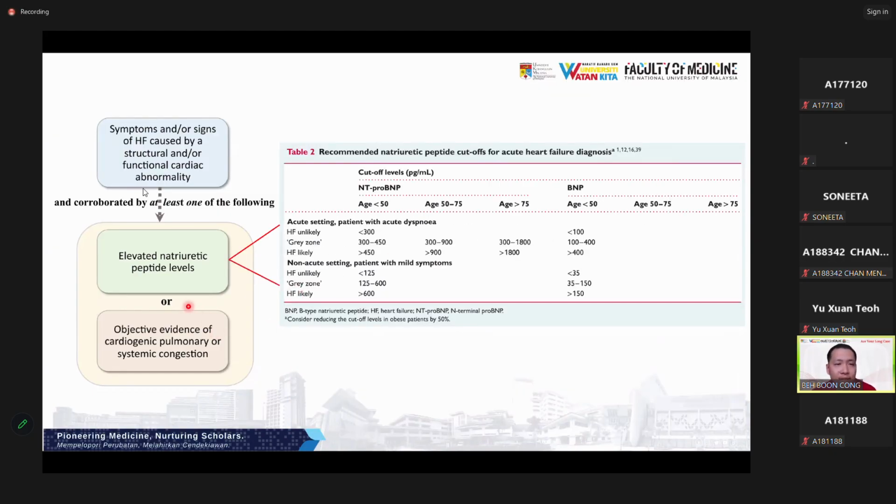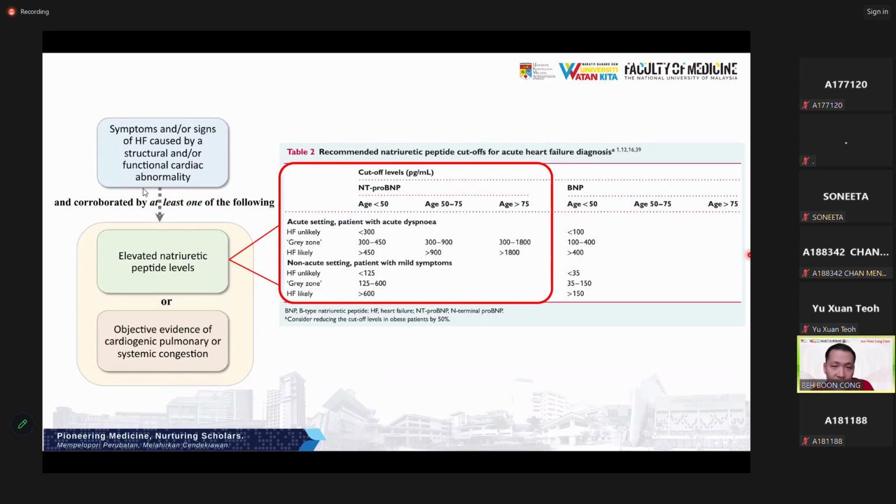So elevated NT-proBNP is commonly used compared to BNP because it is more accurate. But if you have BNP only, you can also use that as a marker to tell you there's heart failure. The value you don't need to remember for your level, as long as it's raised, it is considered heart failure.